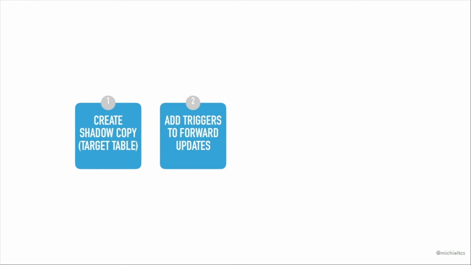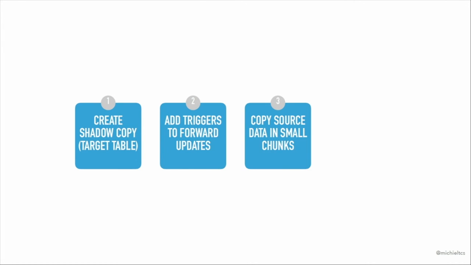And then PT online schema change adds triggers to the source table, the original table, so that any update that happens on the source table is forwarded to the target table, the shadow table. Then in small chunks, the tool will copy source data over to the target table, so that at some point, whenever this is all done, the target table has been populated with all the data that was inside the source table, right?